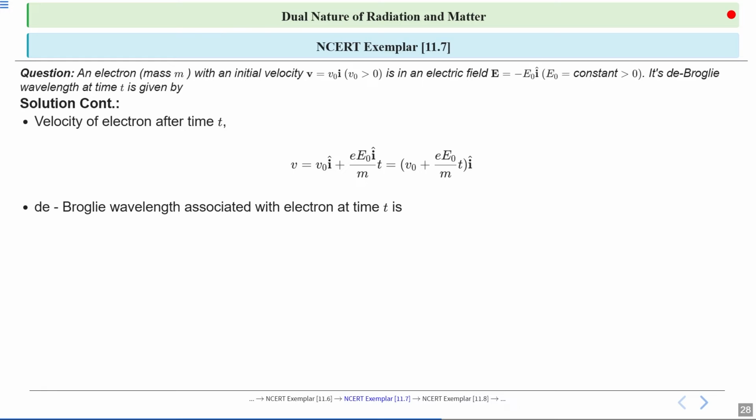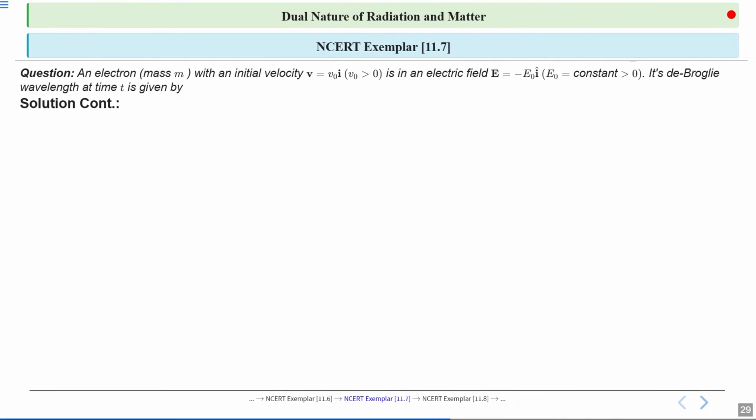So the de Broglie wavelength associated with the electron at time t is given by lambda equal to h upon mv. Okay, so we'll put the value of v here. Now let's recall the formula for the de Broglie wavelength, lambda equal to h upon mv, where h is Planck's constant, m is the mass of the electron, and v is its velocity.